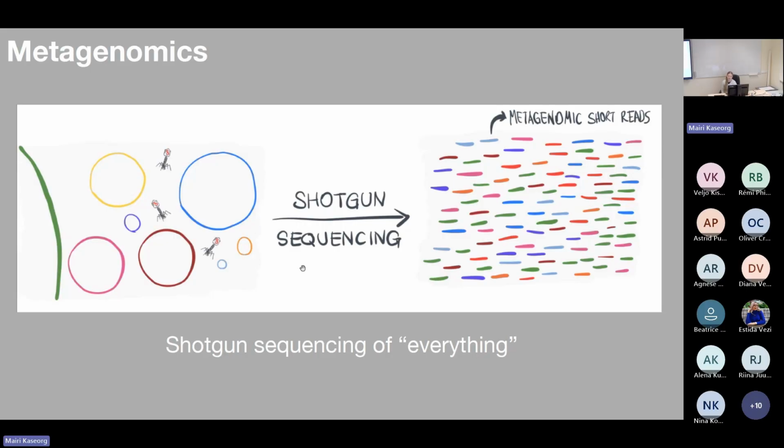Metagenomics and shotgun sequencing means that we are sequencing everything that is in the sample. Shotgun sequencing is also what we use when we are studying specific species, like when we are using skeletal elements for DNA extraction. But in this case, we are really just sequencing everything that was in the sediment sample. So we have no idea what can be in there when we start. Or we might have some hopes, but we don't know.